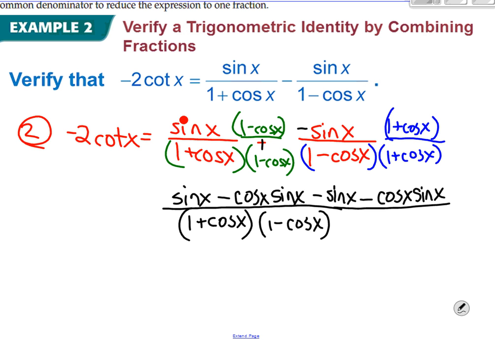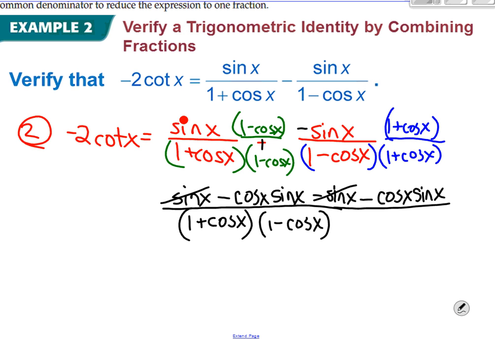So notice anything good that's going to happen to us there, Emily? Yep, the sine x's cross out. And what happens with our cosine x, sine x's? They combine together and I get -2 of them. That makes me super happy. Does it make you super happy? Because look over here.